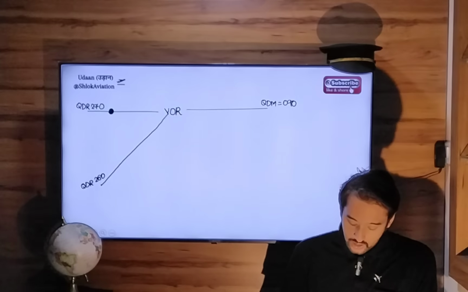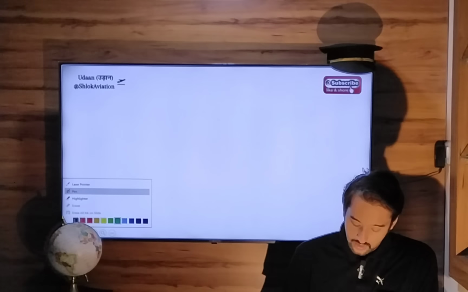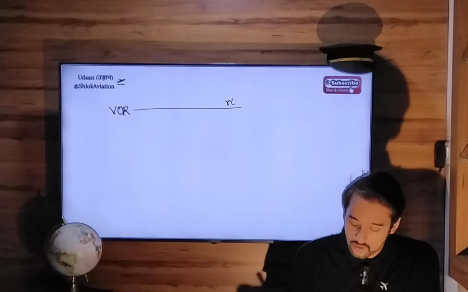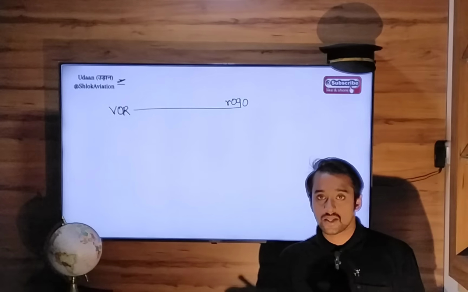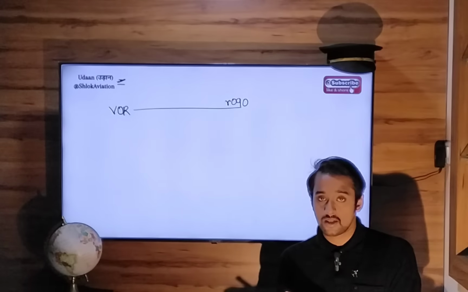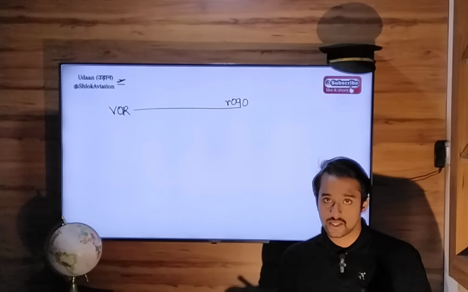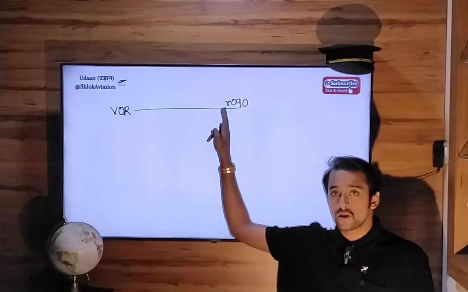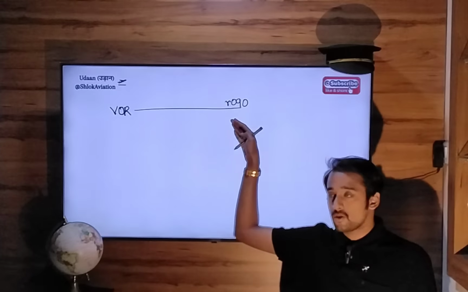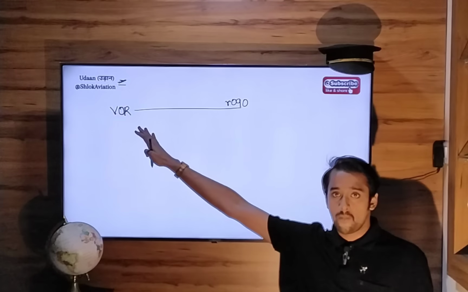Okay, so there are two cases I want to explain to you. This is your VOR. This is radial 090. On this radial 090, you can either fly away from the VOR station or fly towards the VOR station. That means on this radial 090, you can follow this radial and go outbound or come inbound, or homebound.